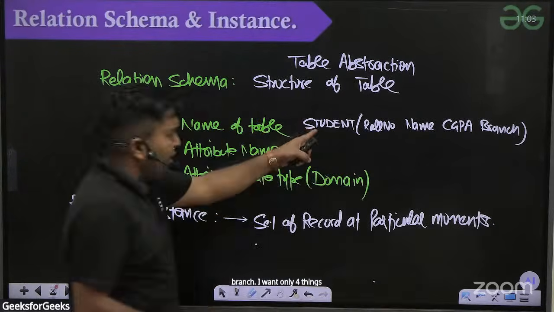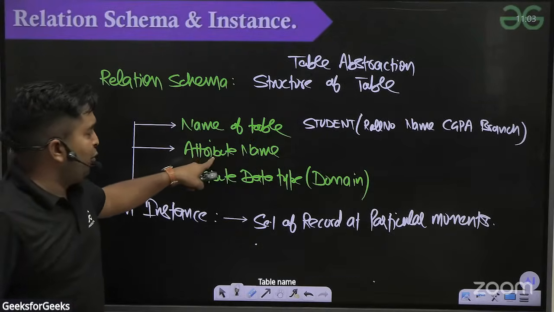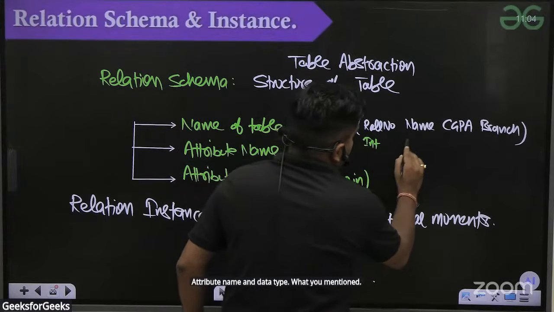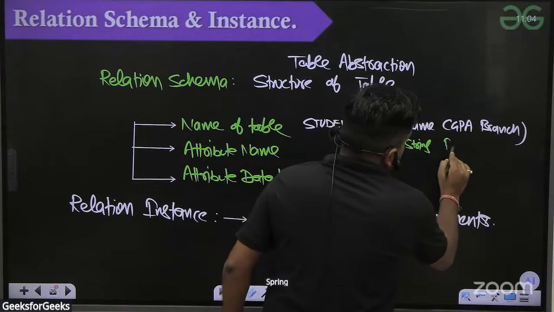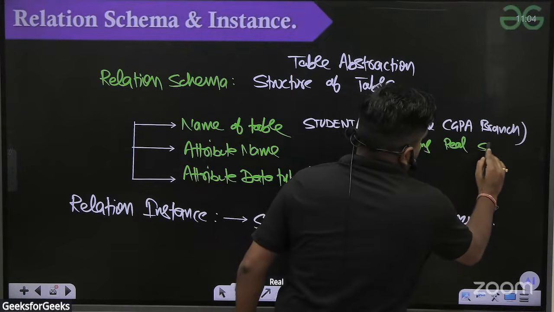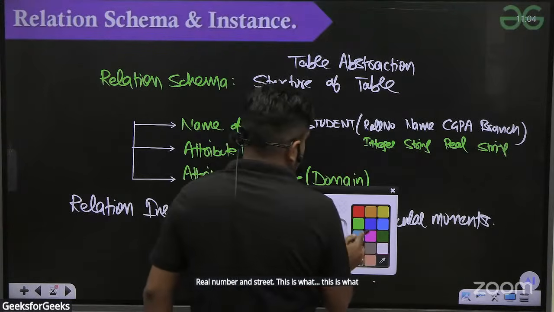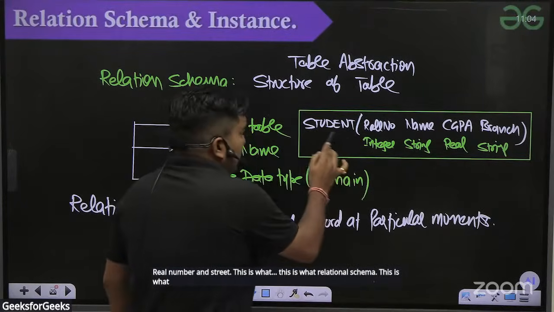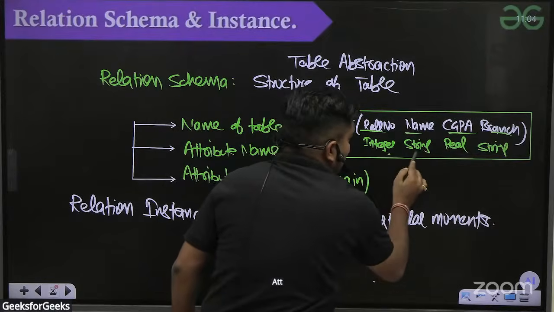So this is what a relational schema is: table name, attribute name, and data type. The data types are integer, string, real number, and string. This is the relational schema, in which we have table name, attribute name, and its data type.